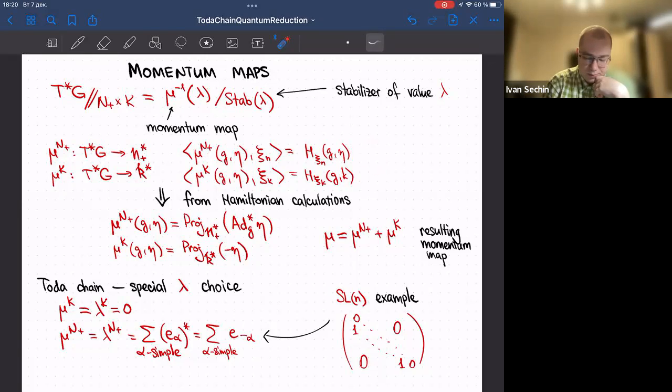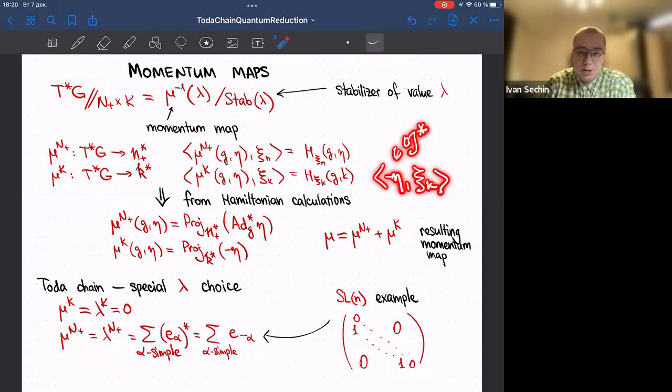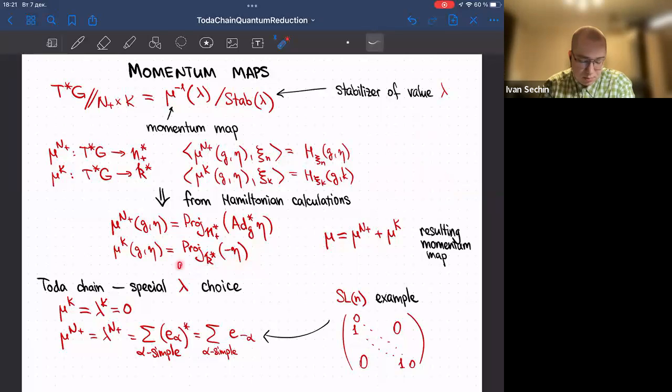For example, here we have minus eta paired with psi k, but this eta is from G star, while psi k is from k star, and only non-zero pairings will occur if we just take a projection. I hope it is okay or not.